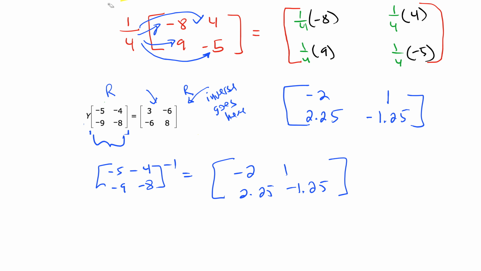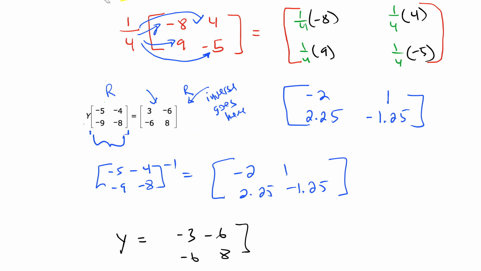So then you can think of it as multiplying both sides by the inverse. When you do that, this goes away, and you end up with just y equals the original one that's on the right side of the equation, which is -3, -6, -6, 8.